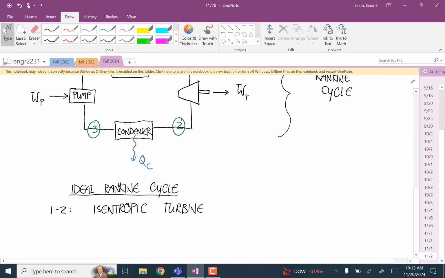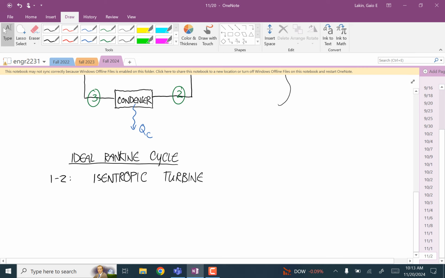So the question is, this just has to be insulated or no heat transfer. I'm sorry to make you erase, but let's call this isentropic expansion through the turbine.